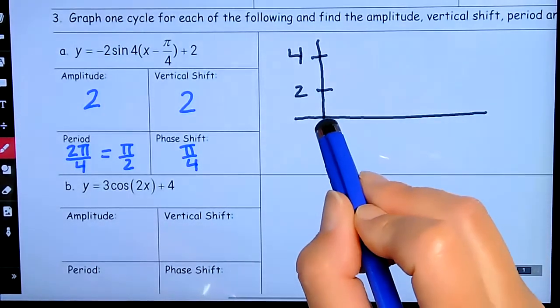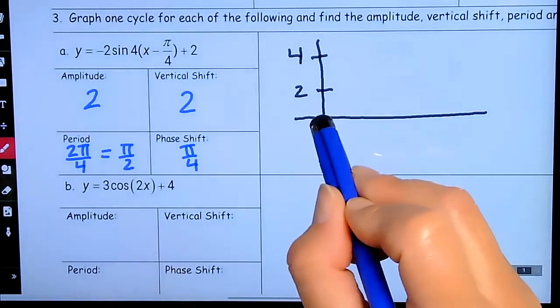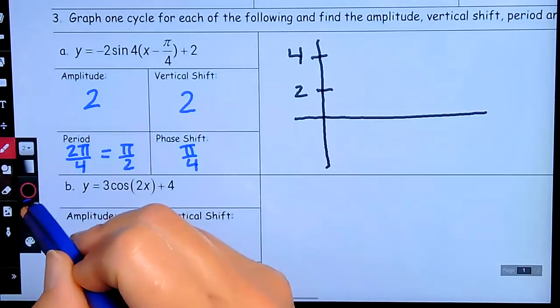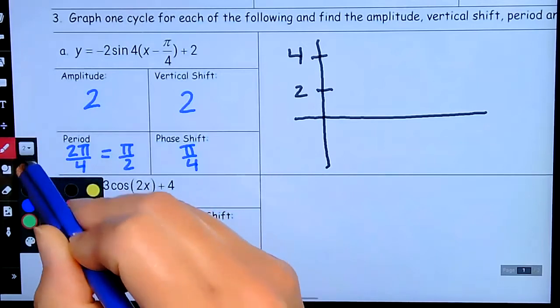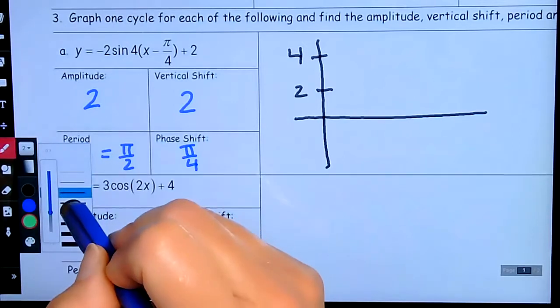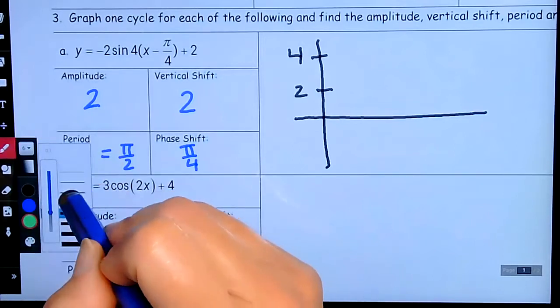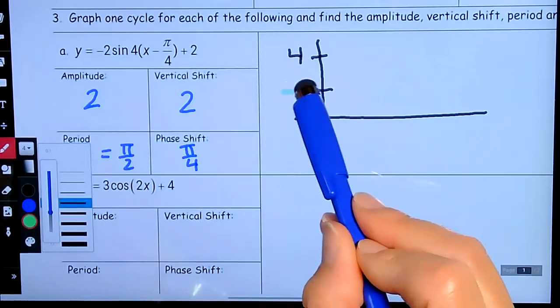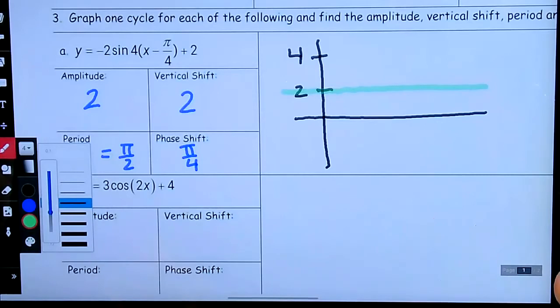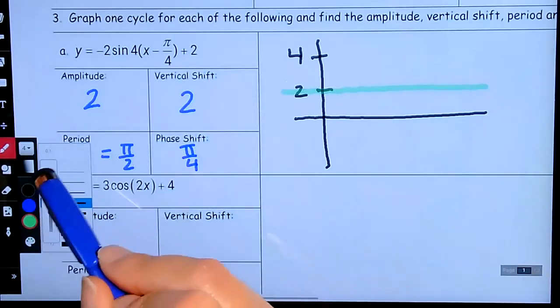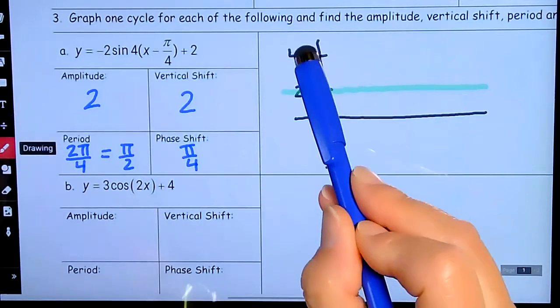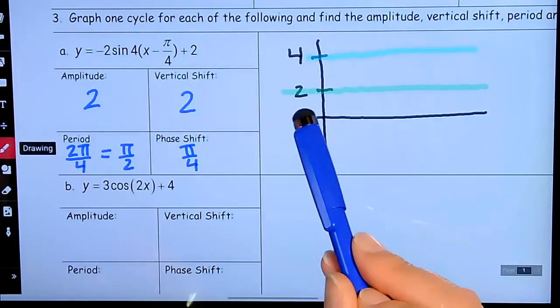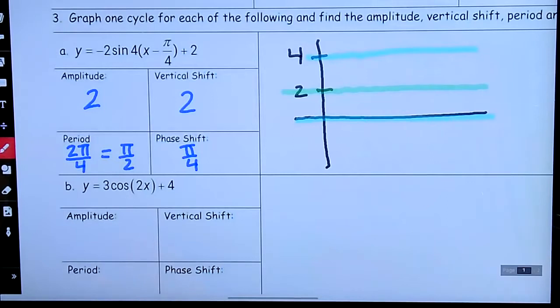I'm going to go 2 below that, which is 0. My vertical shift is right here at 2. That's going to be like my zeros. And then my highs are going to be at 4, and my lows are going to be at 0.